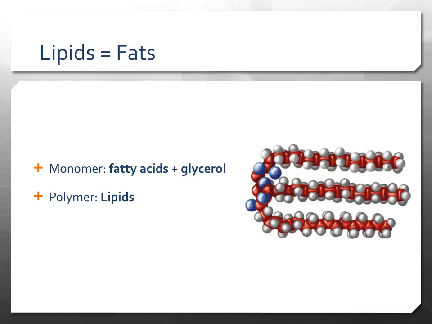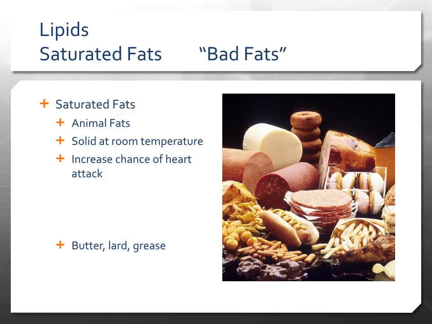Now, you also heard of good fats and bad fats. Let me explain this. There are bad fats and good fats. Why do we call them bad fats? These are our saturated fats, or bad fats that come from animals. Why are these considered bad fats? Because they increase your chance of a heart attack.